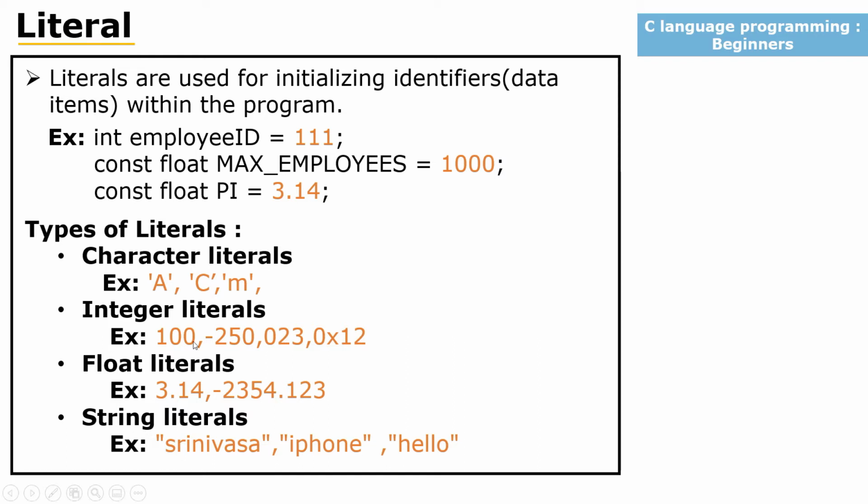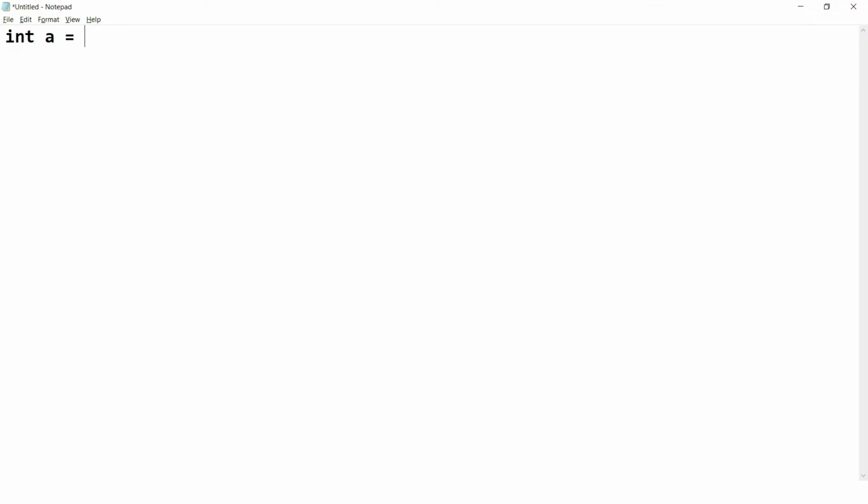And one more thing I would like to say here. When we declare decimal literals, let's say for example, int a equal to 100, when we display it, we need to display using printf. As it is an integer, we need to use the format specifier %d, a. In the output, we will get it as it is, that is 100.